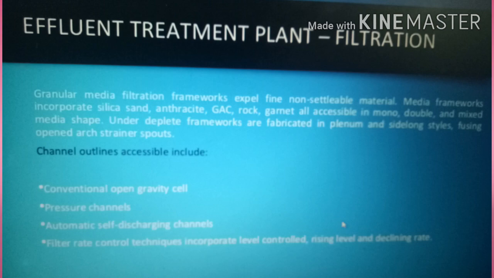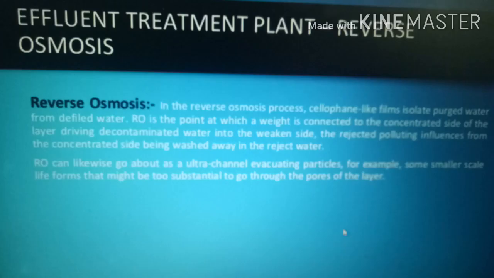In the reverse osmosis process, cellophane-like films separate purified water from contaminated water. RO is when a pressure is applied to the concentrated side of the membrane, driving purified water into the dilute side. The rejected contaminants from the concentrated side are washed away in the reject water.